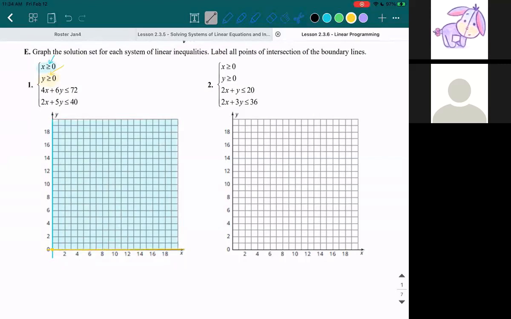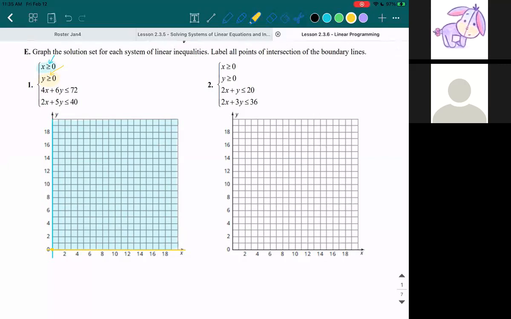Okay, so this is what I meant between the blue and yellow lines. If it says x and there's no y in there, it's a vertical line, just like our blue one. If it says y and there's no x in there, that's going to be a horizontal line, just like our yellow line right over here. Okay, and then it says y is greater than, which means we're going to shade above.